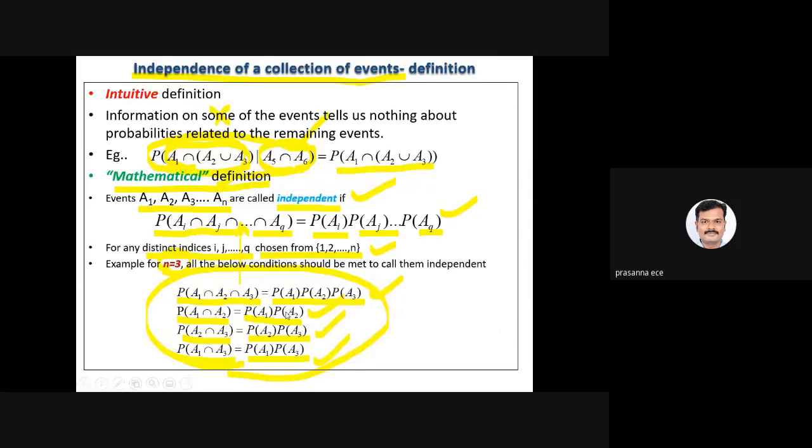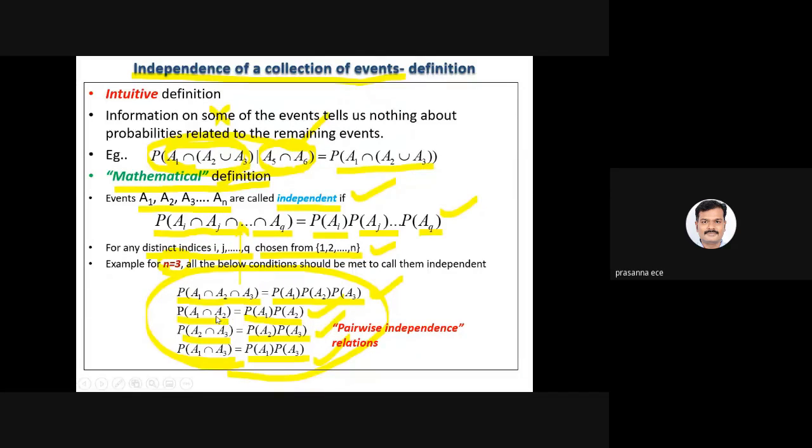So these 3 equations, the final 3 equations where we are just considering two events, are called pairwise independence relations. So P of A1 intersection A2, P of A2 intersection A3 and P of A1 intersection A3.